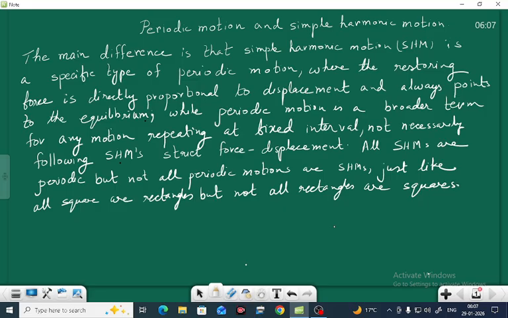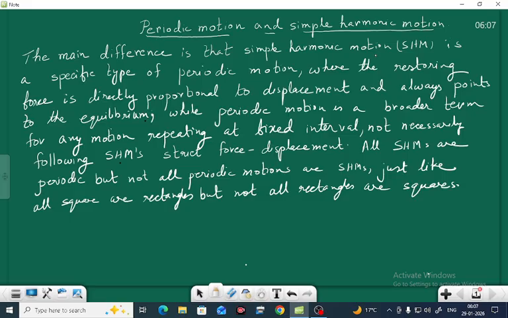So this is the main difference between periodic motion and simple harmonic motion. All simple harmonic motions are periodic, but not all periodic motions are simple harmonic. Why? Because simple harmonic motion follows a particular rule between force and displacement.